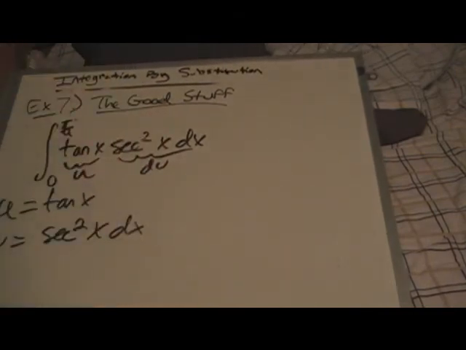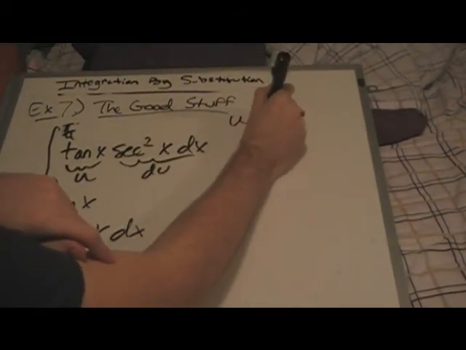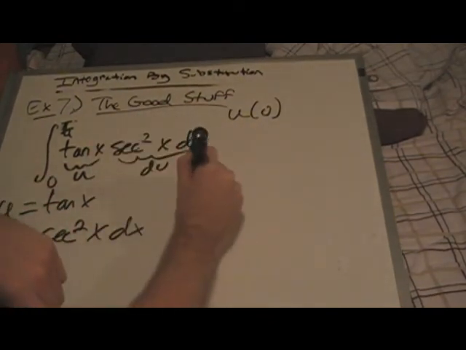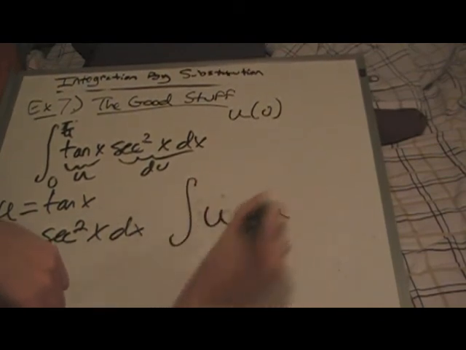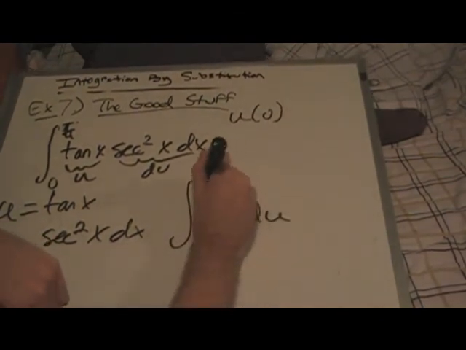And what we can do from this is we can notice that u of 0, because this changes into u du once again, 0 to the power of 4.